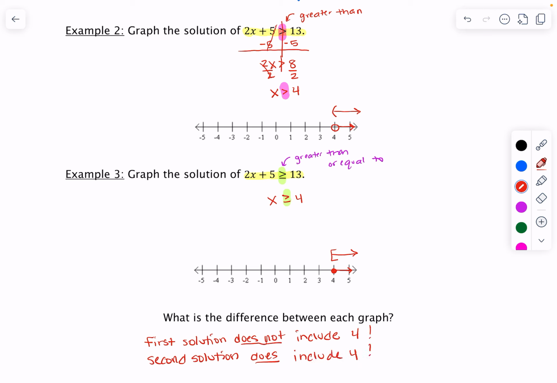That's a really important distinction when we work with inequalities. I can say something is greater than 4, that doesn't mean it is 4. In the second example, I'm saying that x is greater than or equal to 4, so 4 is included. And we designate that with either a parenthesis or open circle, or a bracket and closed circle.